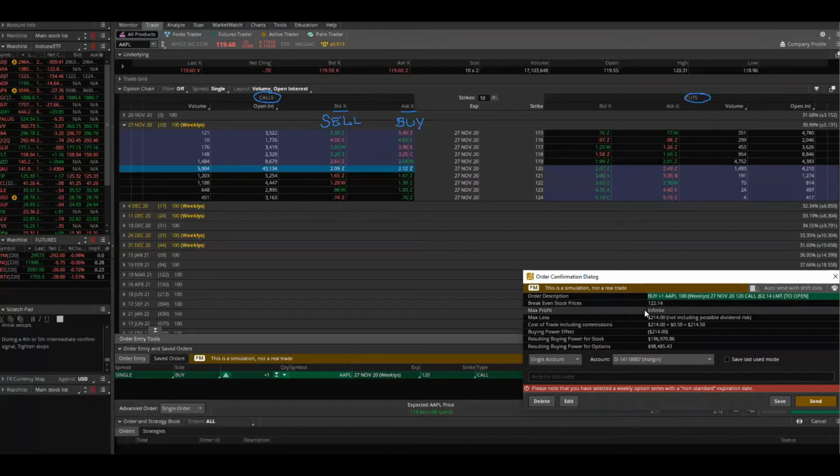Apple could go up forever. And our max loss is $2.14. Our premium was $2.14 times 100, $214 is the max that we could lose on this. Plus 50 cents a contract of the commission and our buying power, et cetera, et cetera. And then all we do is go ahead and hit send and it goes off. I'm just going to close that.